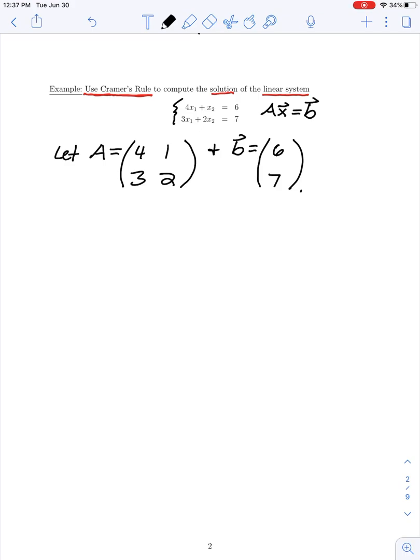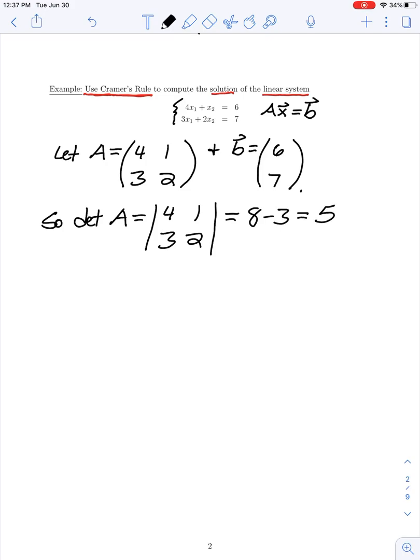Now, Cramer's rule says that we have to find the determinant of this coefficient matrix A in order to find our solution. So the determinant of this 2x2 matrix would be 8 minus 3, which is 5. And then we need the determinants of the matrices A sub 1 of b and A sub 2 of b.